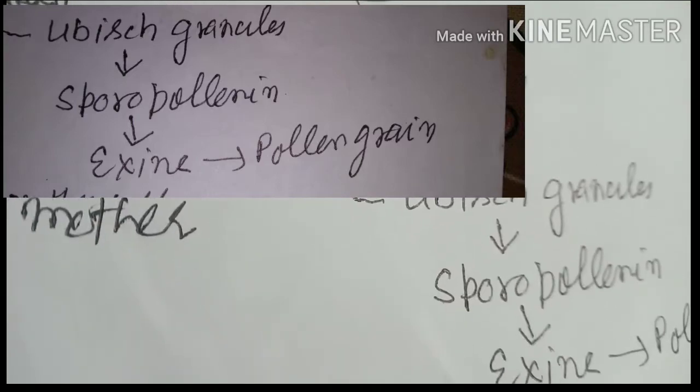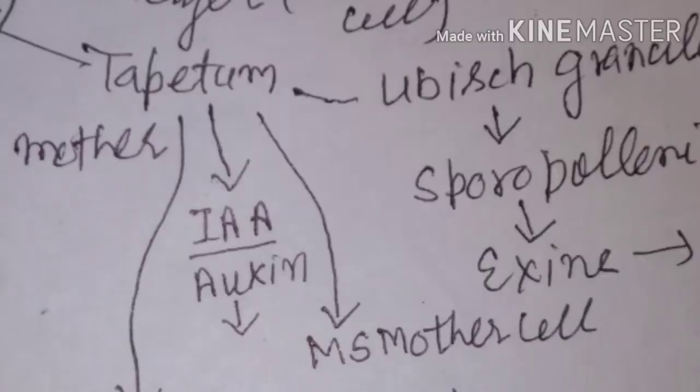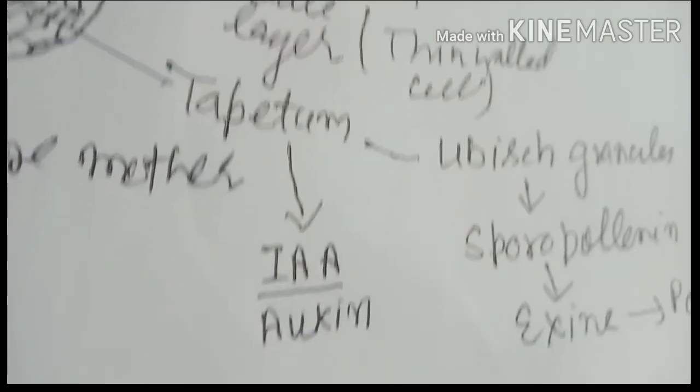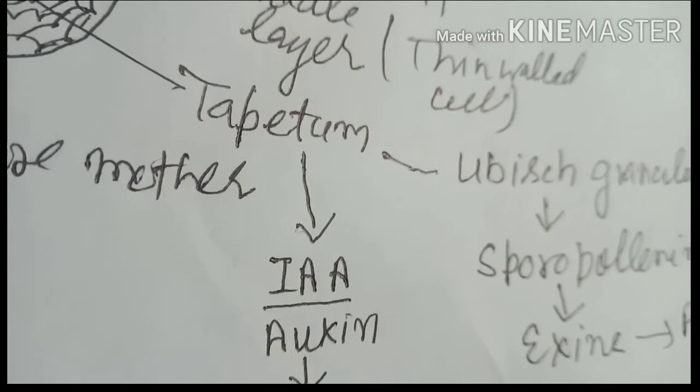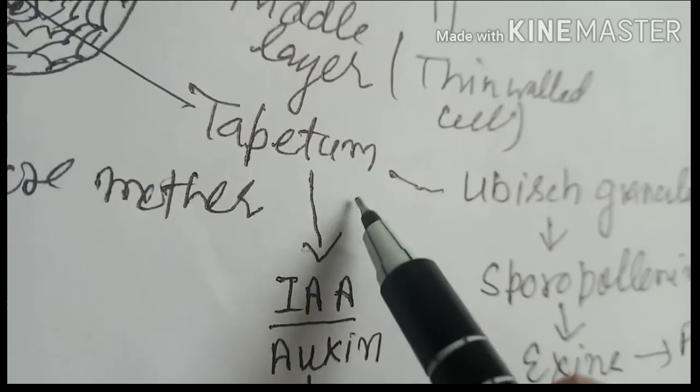This tapetum also secretes IAA, that is auxin, a plant hormone, which is for multiplication of cells, especially the microspore mother cell.